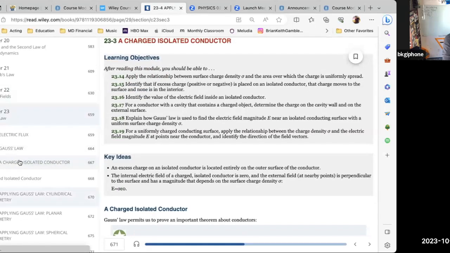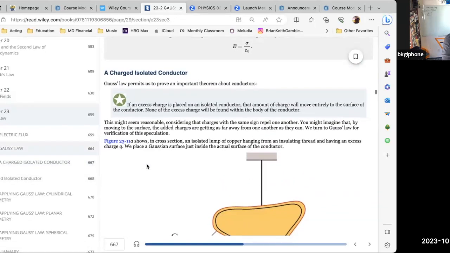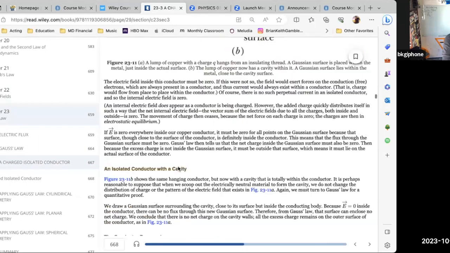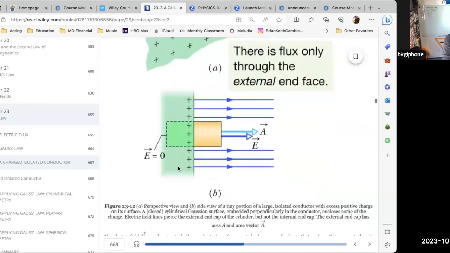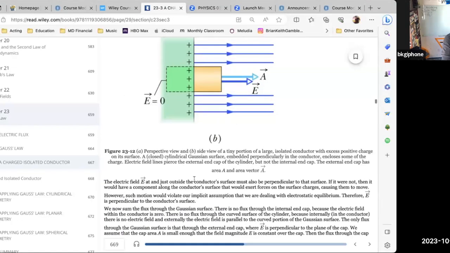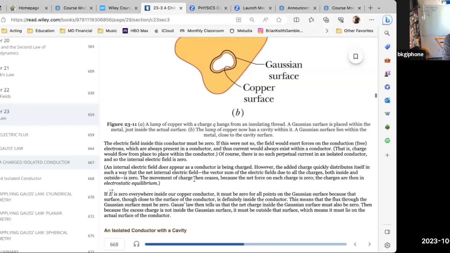Okay. I should have looked at my notes. Charge, isolated conductor. Let's take a look now. Interesting. Gauss's law on a surface. That section is important in order for us to be able to apply Gauss's law.